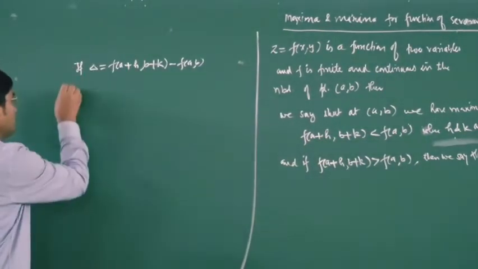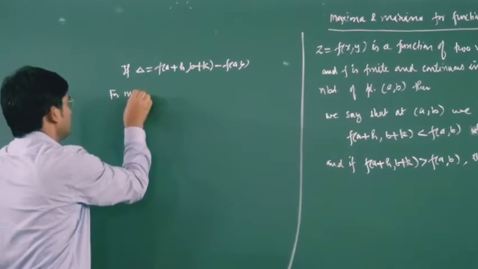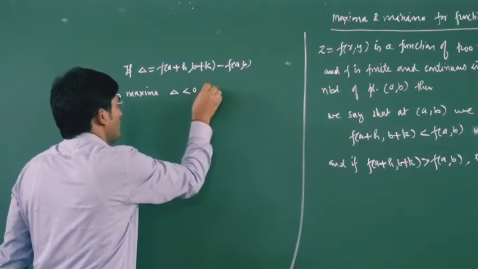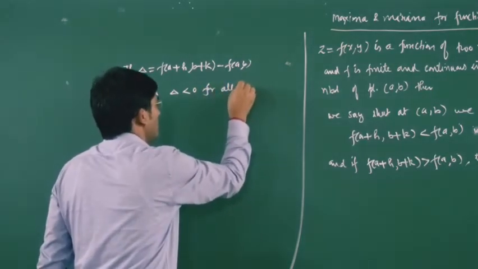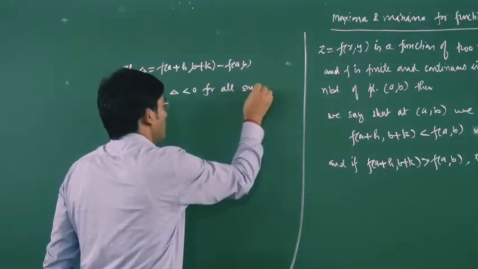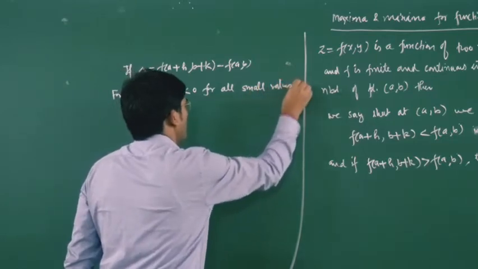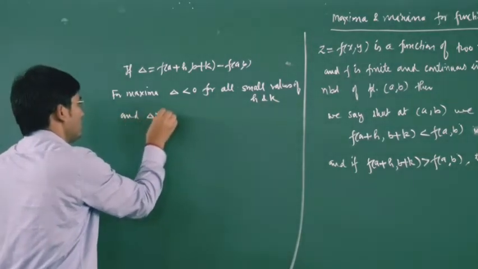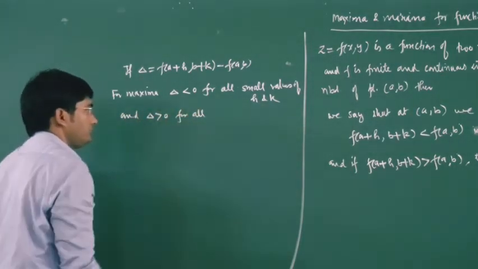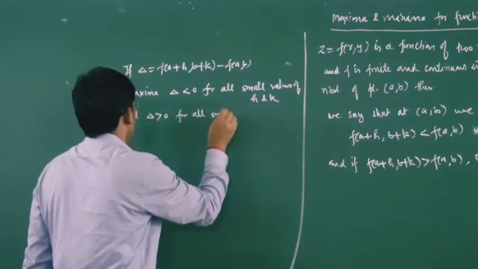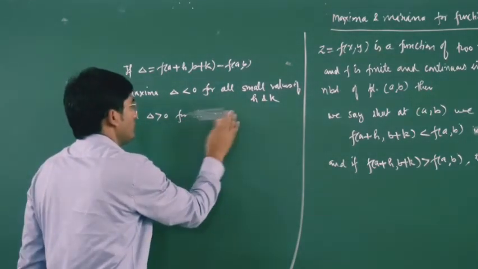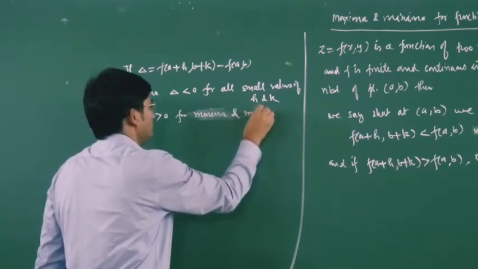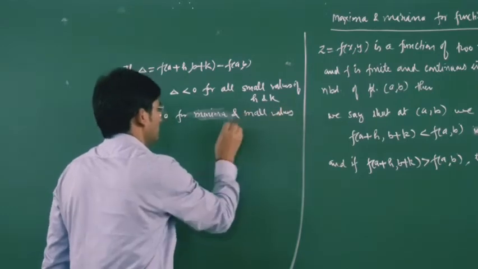So for maxima, delta should be less than 0 for all small values of h and k, and delta should be greater than 0 for minimum and small values of h and k.